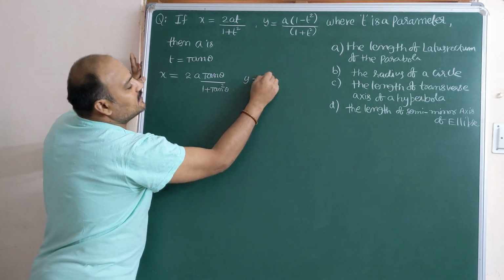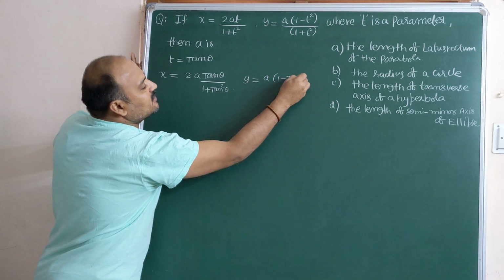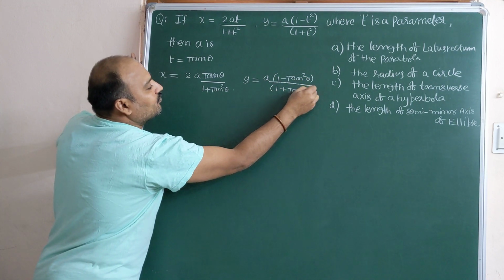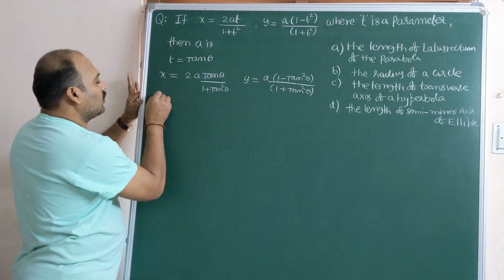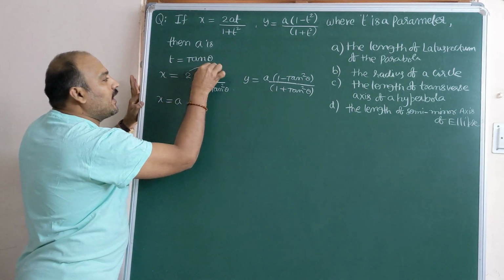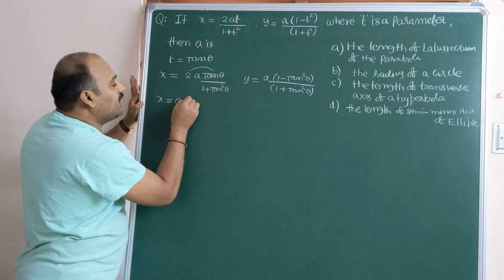Y value is a into 1 minus tan square theta by 1 plus tan square theta.